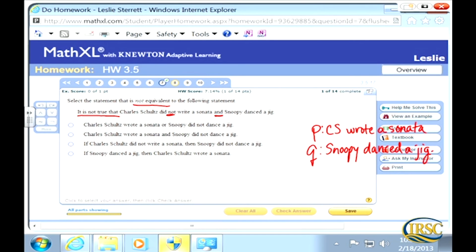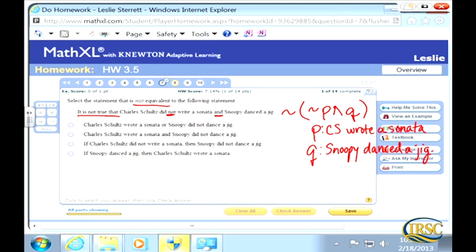All right, so this is how this sentence translates. It is not true that, negation outside parentheses, Charles Schulz did not write a sonata, so not P, and Snoopy danced a jig, Q. One of the things that would help you to know which one is not equivalent is if you know what is equivalent, because then you can eliminate the ones that you know are equivalent.